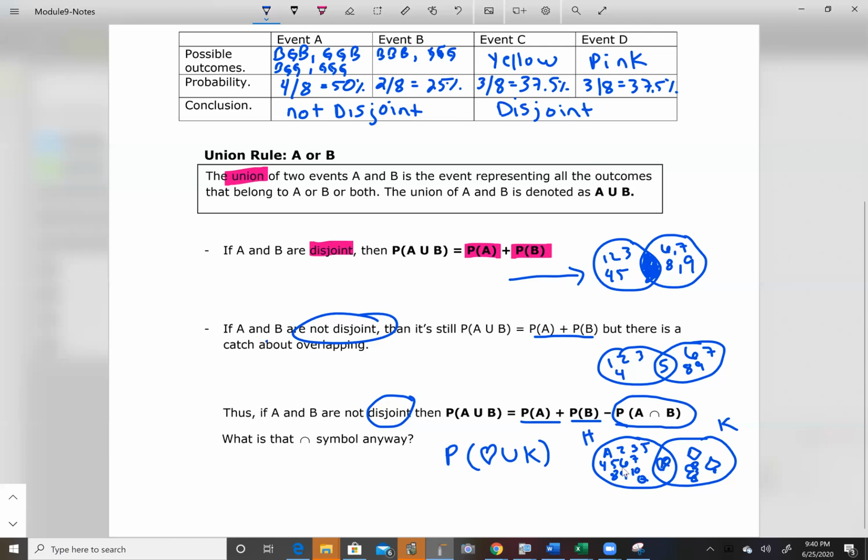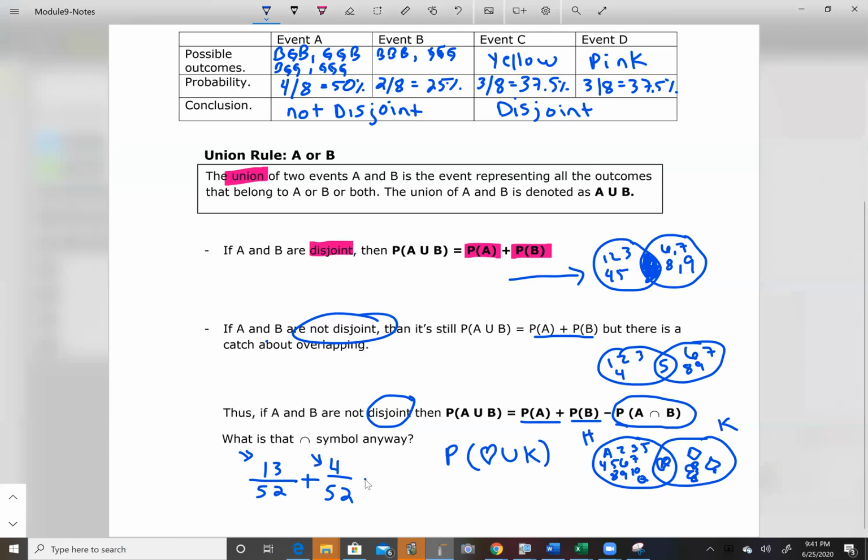So there are 13 hearts out of a deck of 52. So the probability of pulling a heart is going to be 13 out of 52. And we want to add that to the probability of pulling a king, which would be 4 out of 52. But remember, we are counting that king of hearts 2 times. We are counting it here and we are counting it here.